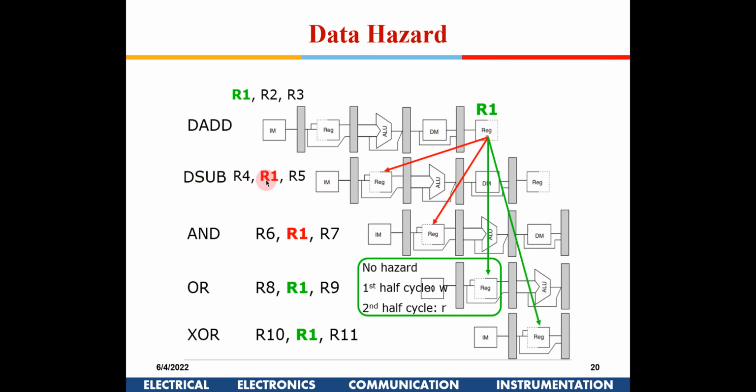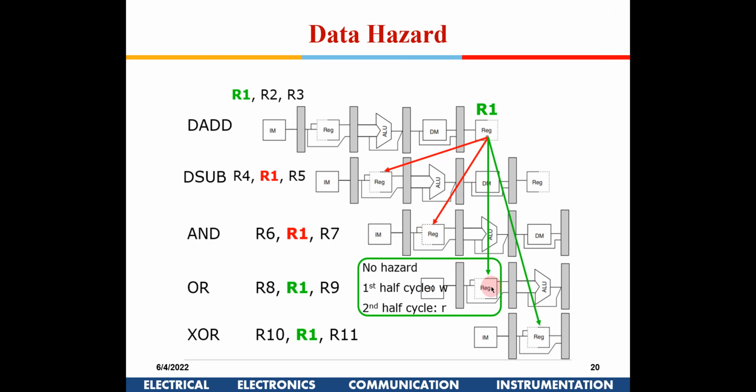Now if the next instruction is an AND of R1, R5, R4, here in the ALU, at this particular time the register R1 is not updated. R1 is updated here, so there is a data hazard. In the next instruction also, in the AND, this register data will be captured here, so here also R1 is not updated. Here it is okay.